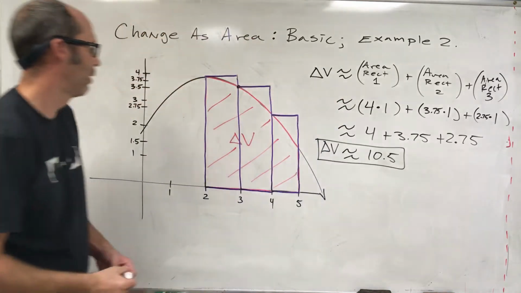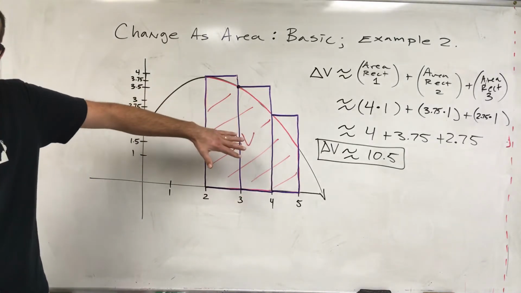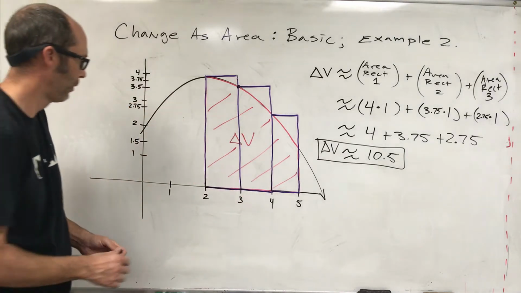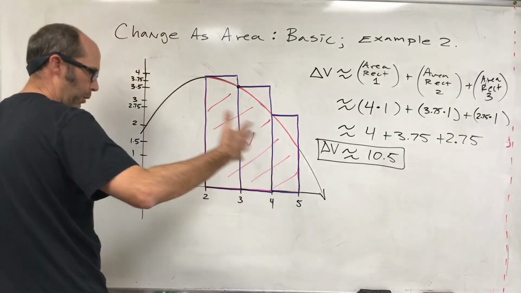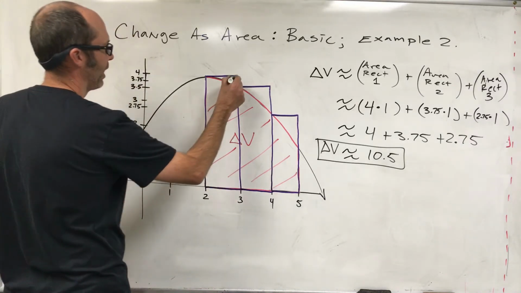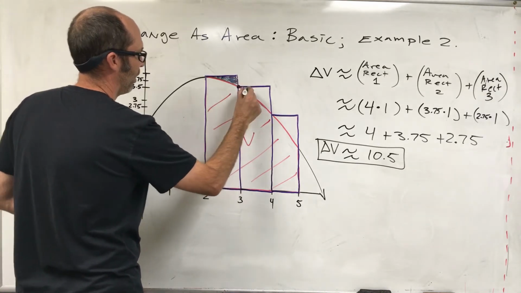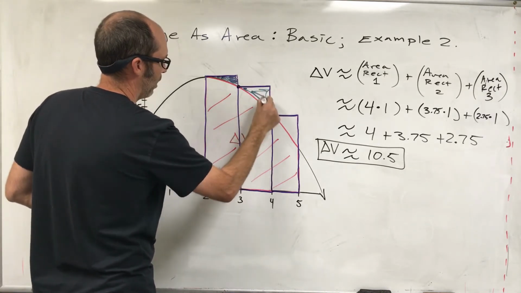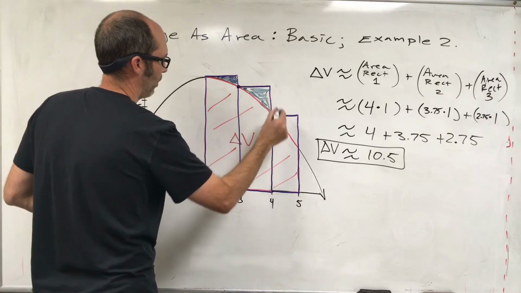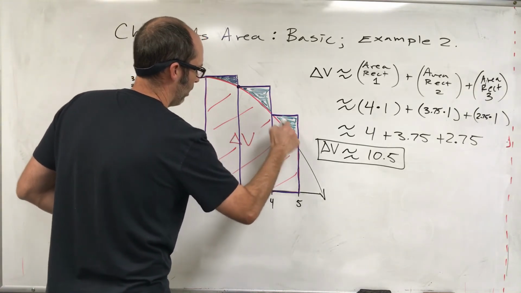And you can see by way of this graph that this is an overestimate. How much should we overestimate by? We overestimated by exactly that much.